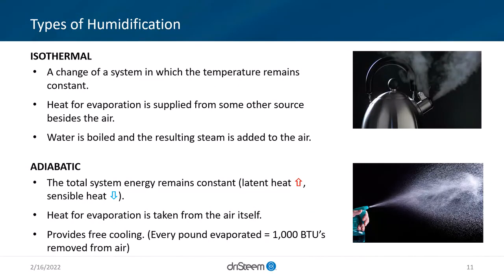So jumping into types of humidification, now that we've talked about why we should humidify these types of spaces, really understanding the two breakouts from a high level perspective. To be fair, I've seen both isothermal and adiabatic technologies.